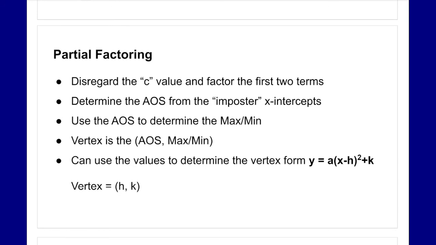We can still use those two values, because we saw that it doesn't matter what the c value is, I can still find the same AOS. I'm going to find the axis of symmetry the same way, and use that to determine the max or min, which will help me find the vertex. So it's exactly the same steps, except we're going to make it really simple and easy to factor.